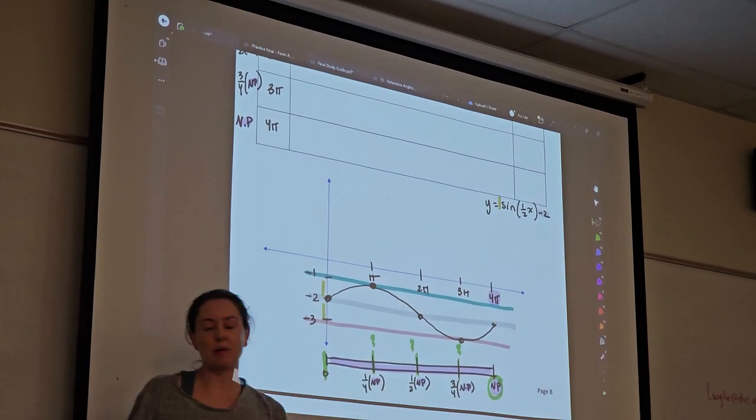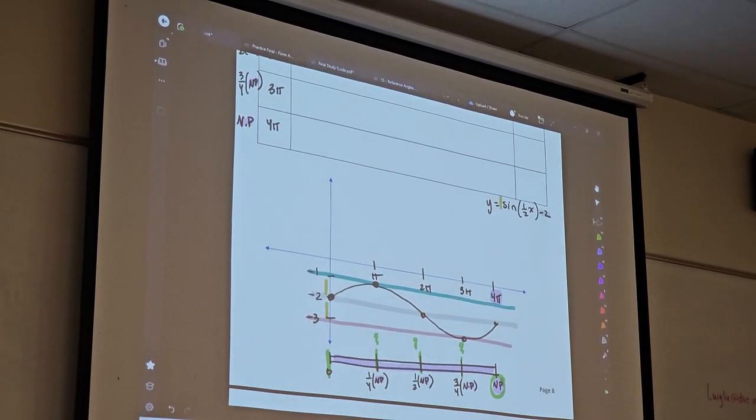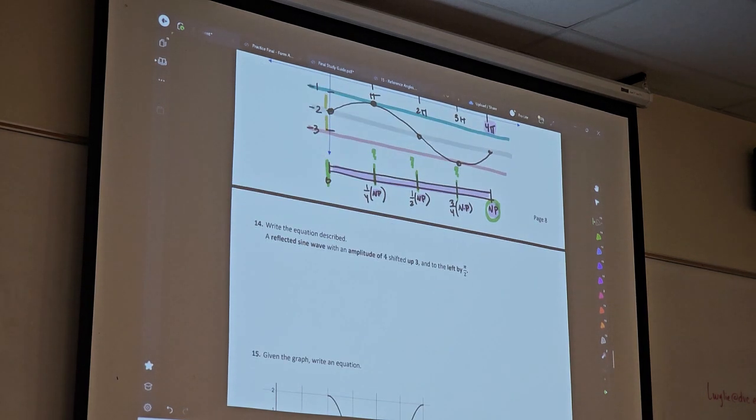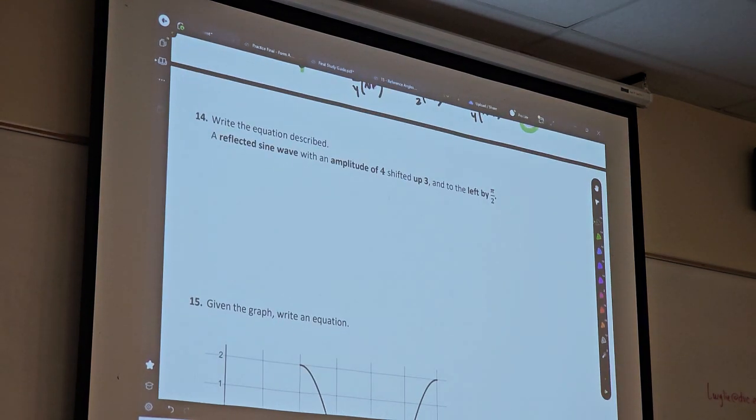But this is a good question. I know that's a sticking point for a lot of us. Translate the language here into an equation. Reflected, hit this with a negative. Sine, with an amplitude of 4.